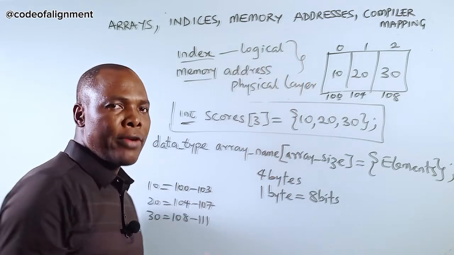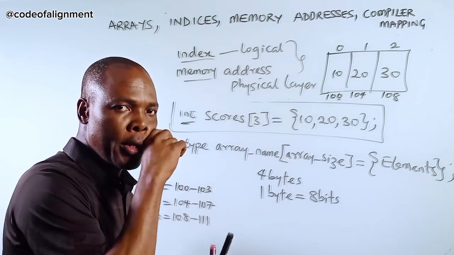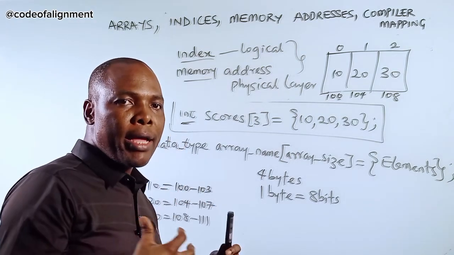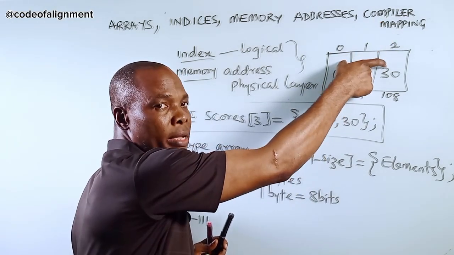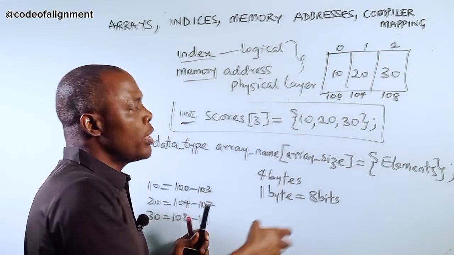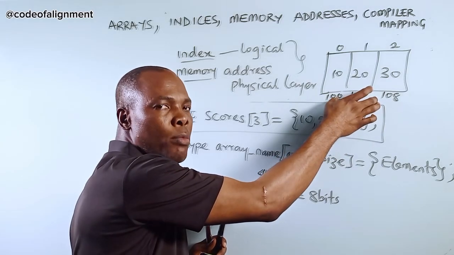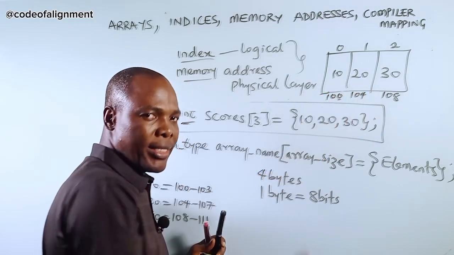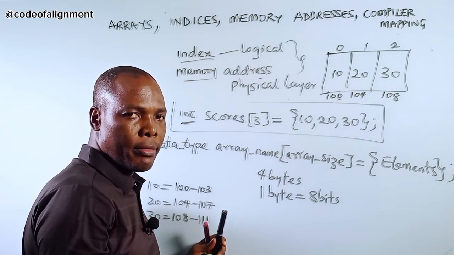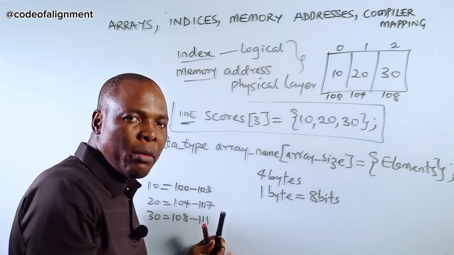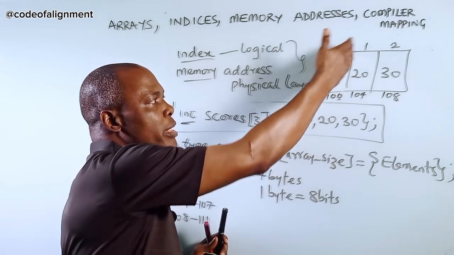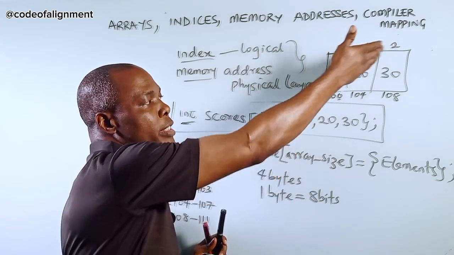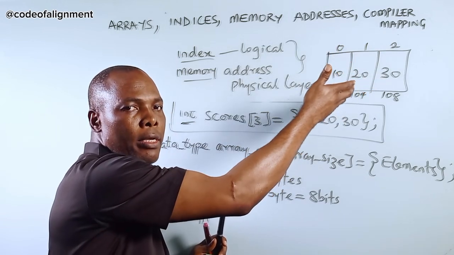But both are inside the RAM, which means inside the memory. So the programmer is dealing with the indices and the elements, while the CPU is dealing with the actual memory address and bytes. The programmer doesn't have any business with bytes, but the CPU doesn't have any business with indices and elements.